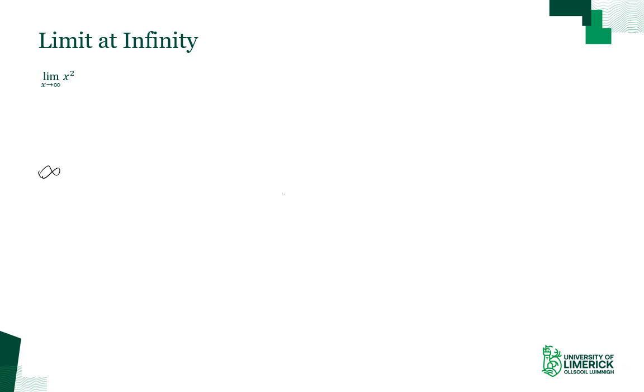So for instance, at x tends to infinity, we can just pick a large number and see. When x is maybe 100, then the limit of x square will be 100 square, which is 10,000.